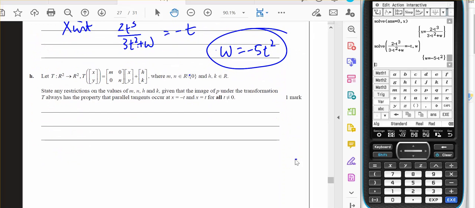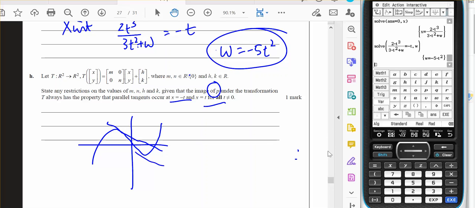And lastly, state any restriction on the values of m, n, h, and k given the image of p under the transformation so that the tangents occur, so that we have this nice little pattern occurring where the tangent here and the tangent here have this x-intercept which is the same value as that tangent.